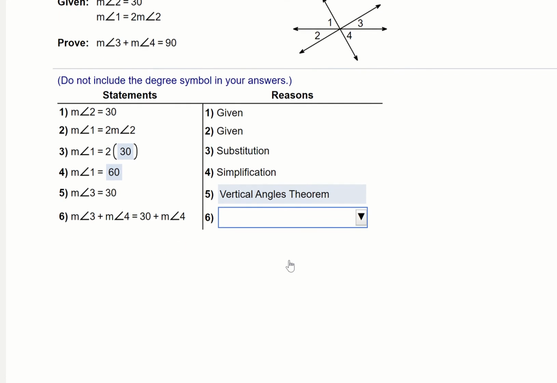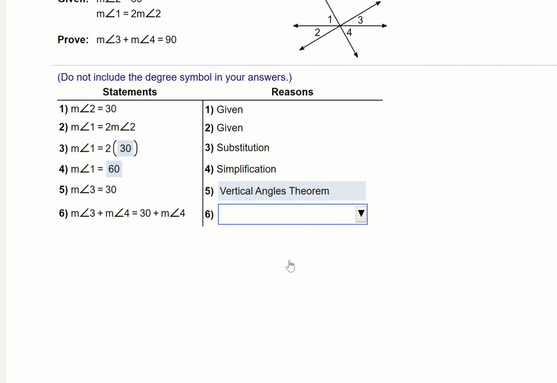Okay, and then what we do now is we're just saying that angle 3 is 30, right? So we're replacing angle 3 with 30 in here. So we have 30 plus angle 4. So here's what they're doing here. I'll go ahead and copy that again.